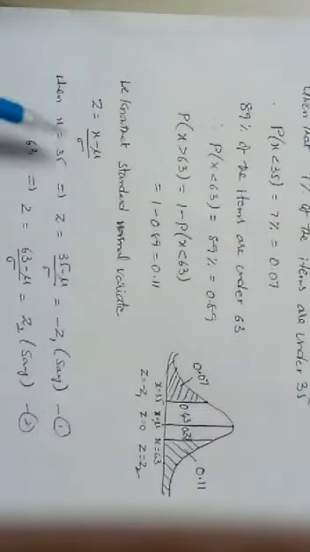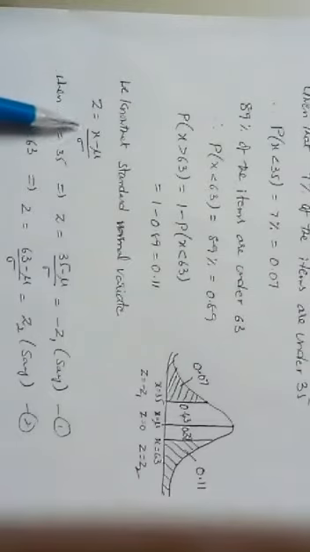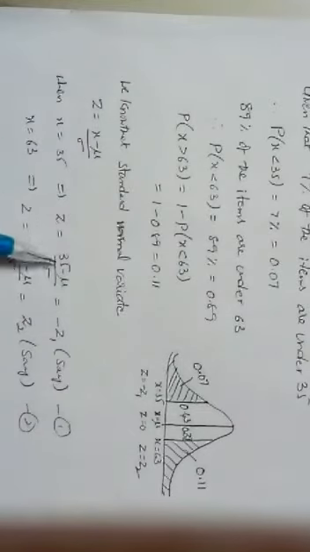Now coming to using this standard normal variate, that is z is equal to x minus mu by sigma. So in that we are substituting x is equal to 35, that value z is equal to 35 minus mu by sigma. Why? Because mu and sigma we need to find, and that I have taken as minus z1.